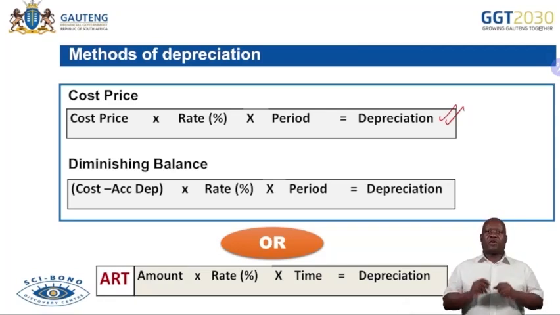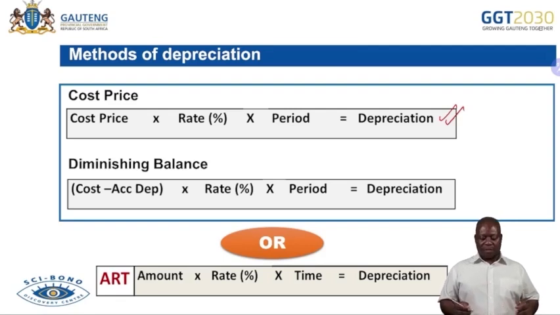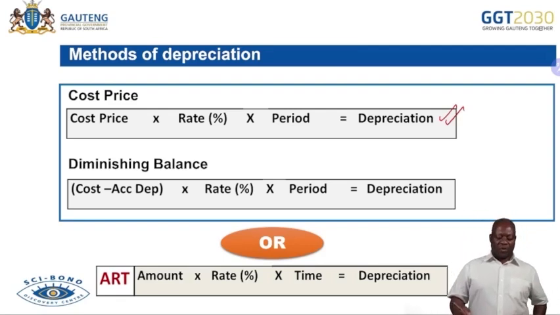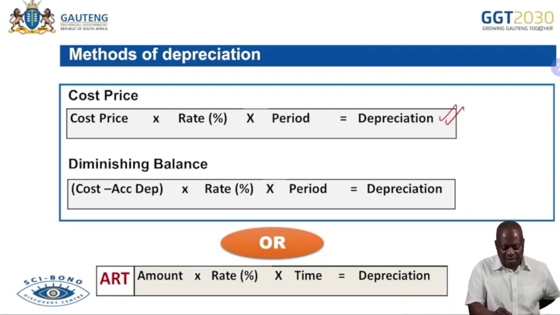But please take note. Don't lose on this. Always multiply 3 variables for you to be in a position to get the correct depreciation amount. Now, diminishing balance method, can you see the difference here? Instead of only using the cost price, we are saying cost price minus accumulated depreciation.